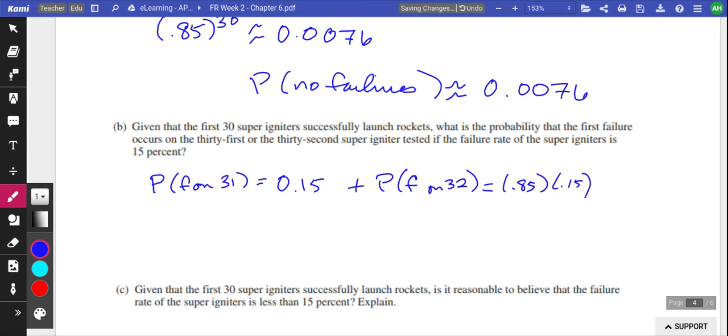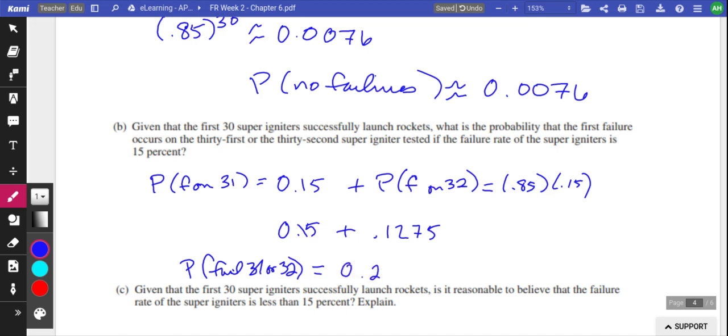So you're going to get this number, which is going to be 15%, plus this, which now turns into 12.75%. So the probability that you're going to fail on 31 or 32 is going to be 27.75%.